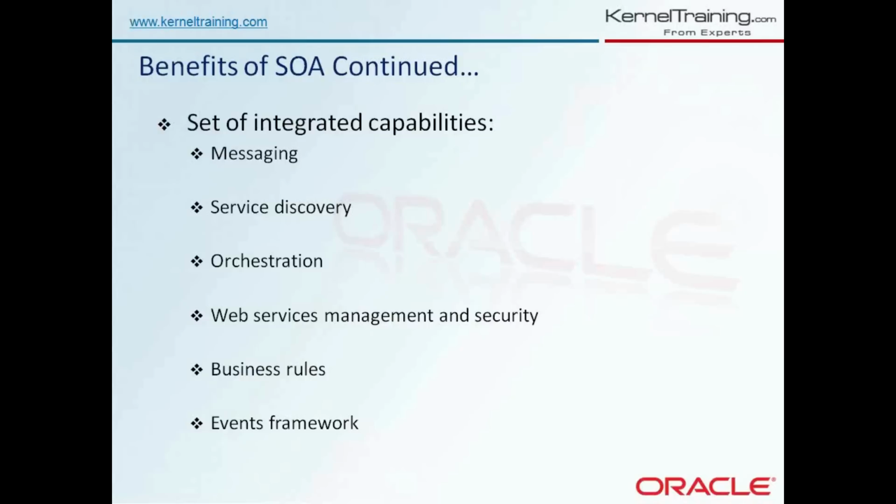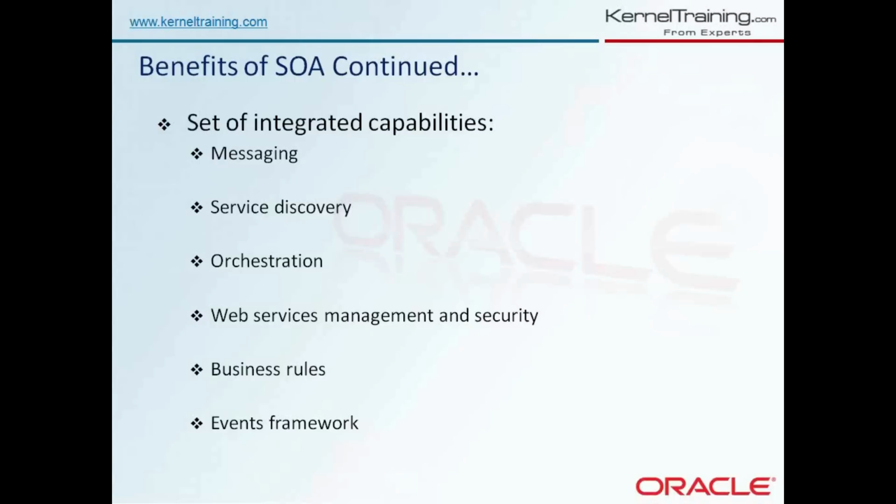SOA is completely designed based on the J2EE architecture, and it is using JMS, Java Messaging Service, to transfer your message from a queue or topic. If you are not aware of JMS queue and topic, don't worry. In future sessions, I will cover this topic under the JMS adapters. So through this, you can transform your message from a queue or topic to different services.